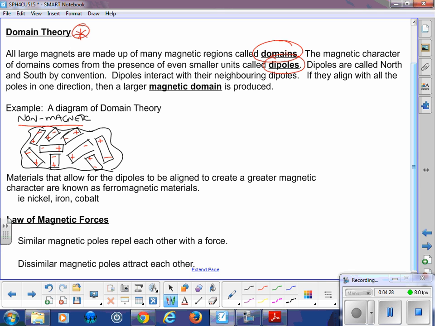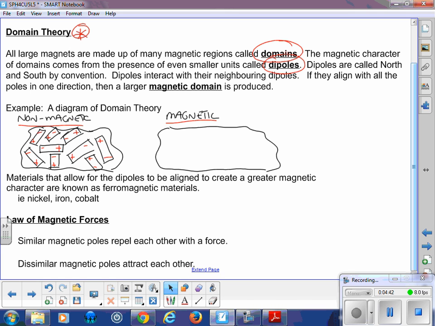So this is non-magnetic material. What's the difference between it and magnetic? Well, this is what we theorize. When something becomes magnetic, we are theorizing that the dipoles of those domains inside align. All of a sudden those little magnets inside the material align, so you get this.